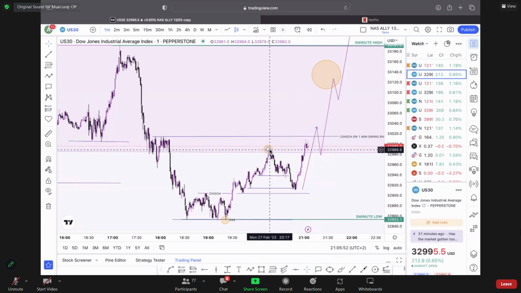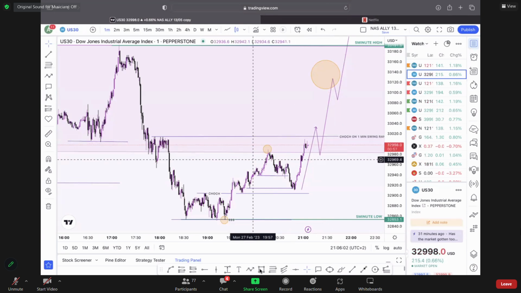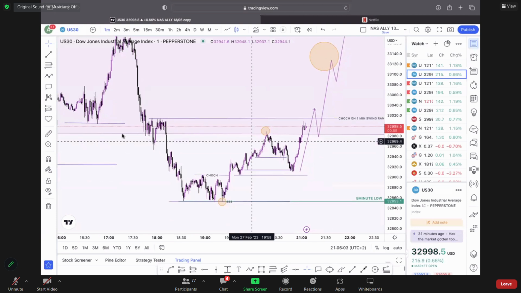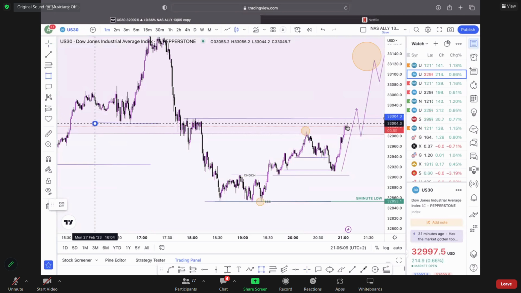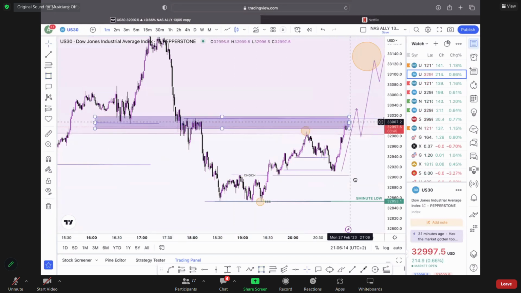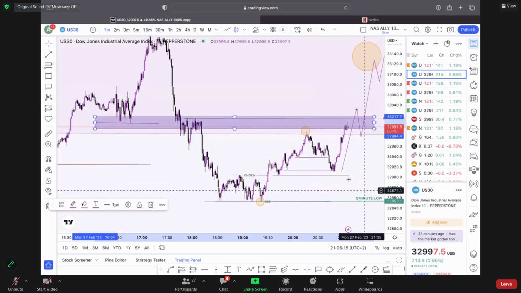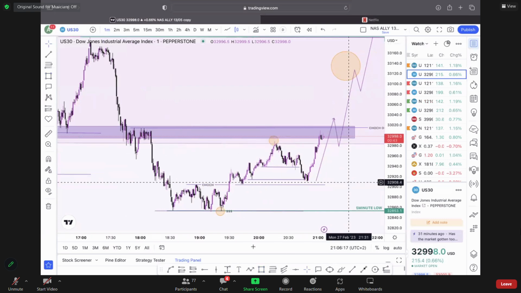Would you say it's a point of supply? Because I see from the previous point there it was a demand before and then it broke through, went down, and then it became... There's a leg from your change of character there that went up.